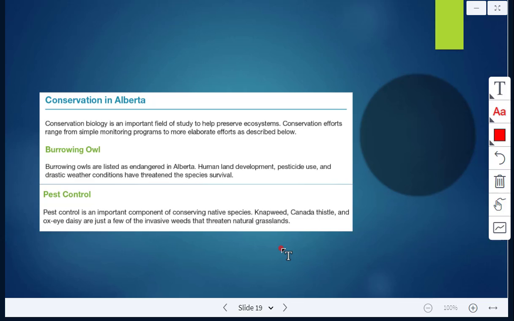So human land development, pesticide use, and drastic weather conditions have threatened the species' survival. So pest control is an important component of conserving native species. Knapweed, Canada thistle, and ox-eye daisy are some of the invasive weeds that threaten natural grasslands.